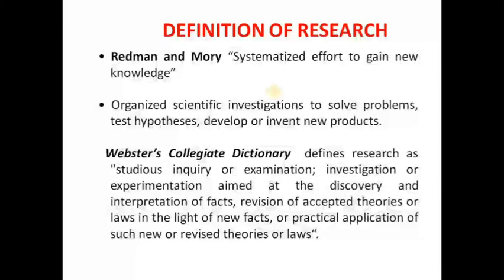For example, instead of conducting research on unemployment of one individual, it is worthwhile to explore the reason for unemployment of a group of individuals. This approach to the social problem is a crux of social research.